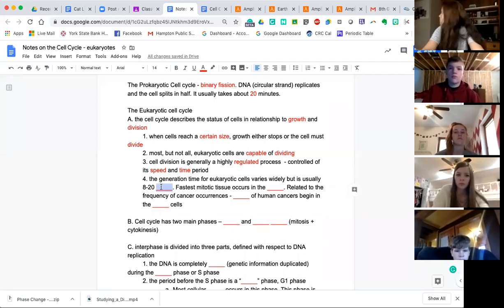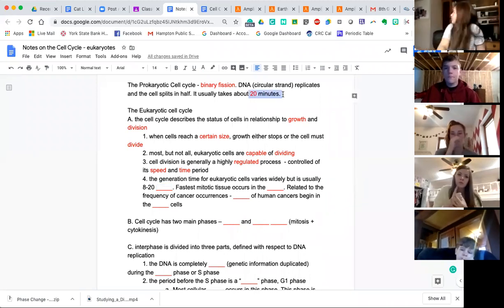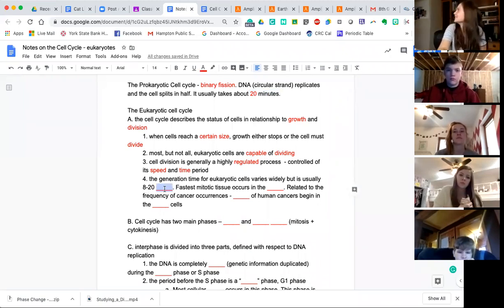It might be nice if we could divide in 20 minutes like prokaryotic cells, but our cells are much more complicated. Generation time for eukaryotic cells is between 8 and 20 hours.